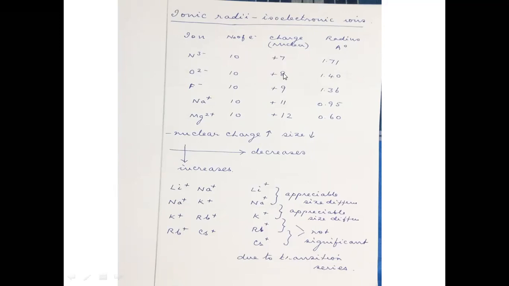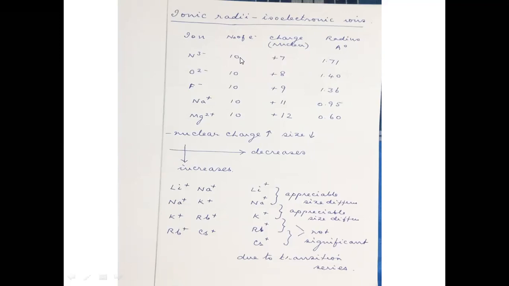Oxygen atomic number 8, so it's supposed to contain only 8 electrons. In addition to that, I have put 2 electrons to make it O2 minus. So this ion also contains 10 electrons, nuclear charge 8. See, the radius has come down to 1.40.